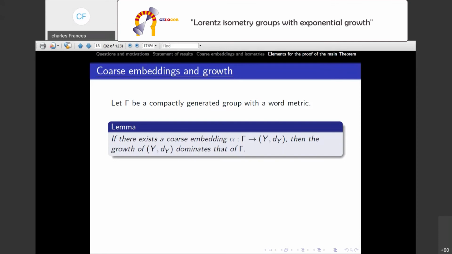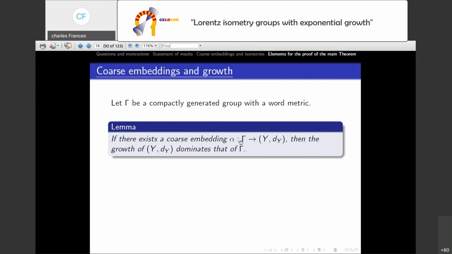So we have this ball of radius r in gamma with about exponential in r points, up to constants, which are at mutual distance at least 10. Now the point is that because our group is compactly generated, you can show that the upper control can be chosen affine. It means that your ball of radius r is mapped by alpha to a ball of radius, let's say, 20 times r.